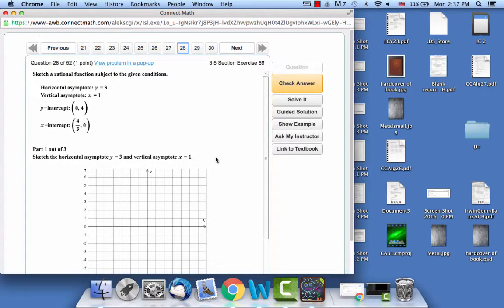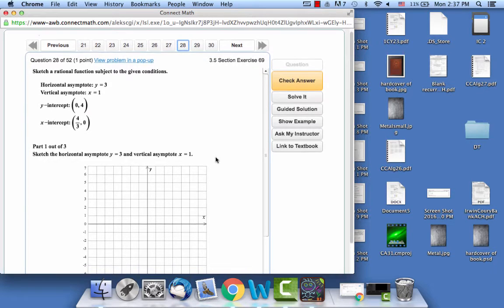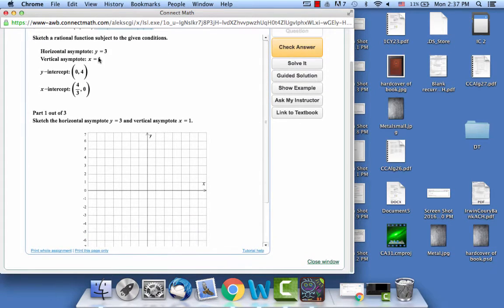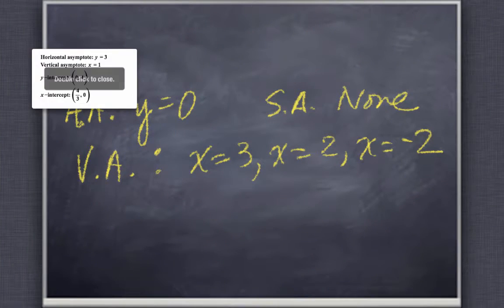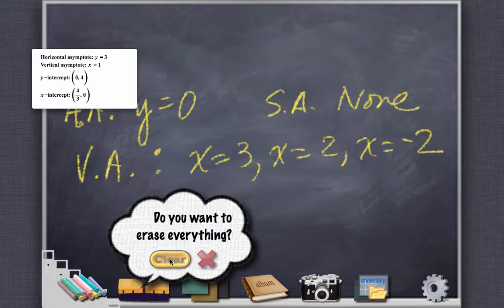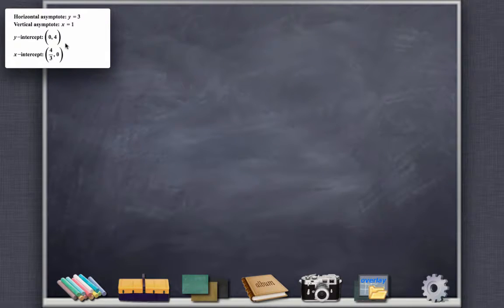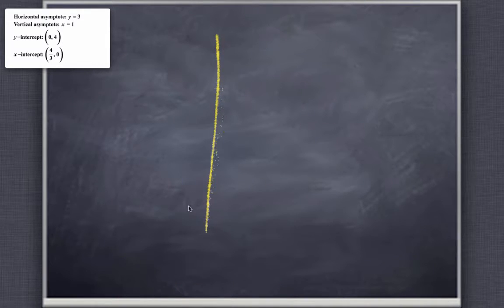Okay, so this one we want to sketch a rational function so that it has a horizontal asymptote at 3, a vertical asymptote at 1, and those intercepts. If you were asked to sketch this on paper, there are literally infinitely many functions that have these values, but you just have to find one that works.